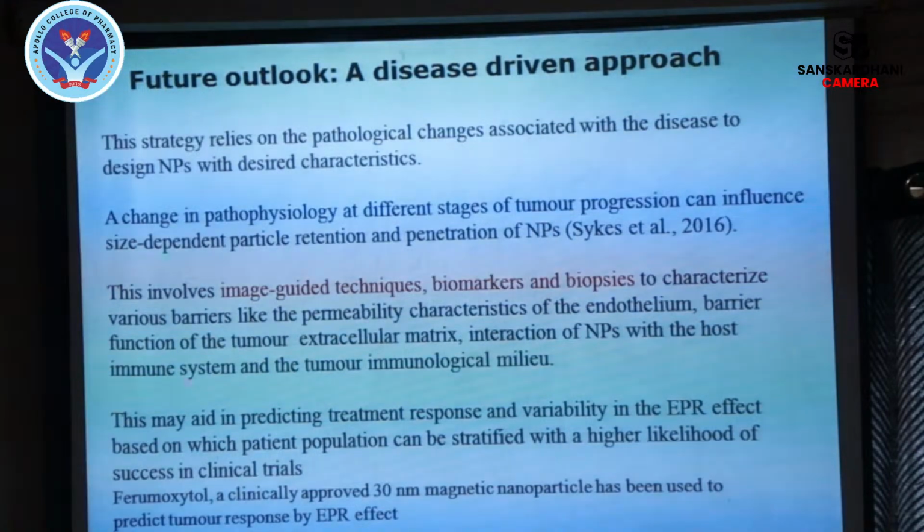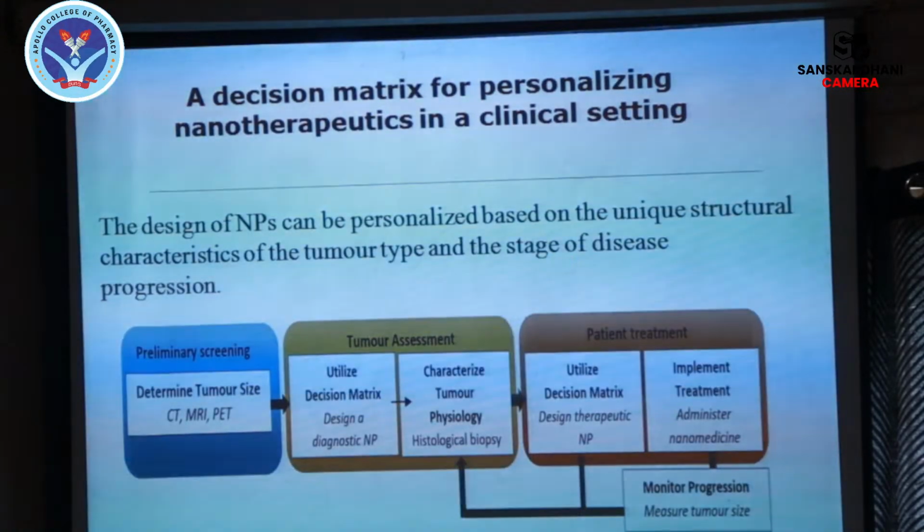How can we categorize the patients into those two different categories, patients who will benefit and patients who won't? For that, you prepare diagnostic nanoparticles, inject the patients with them, and check whether the EPR effect is functional in those patients or not. Once you have identified that EPR is functional, then you give the actual nanoparticles. That is one of the ways, and that will give you a personalized nanomedicine.